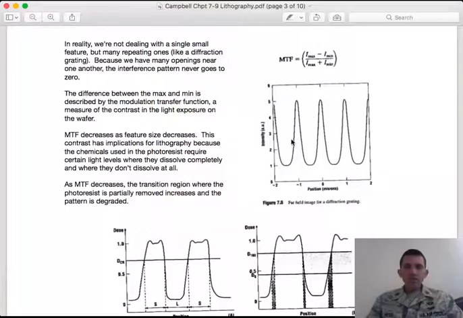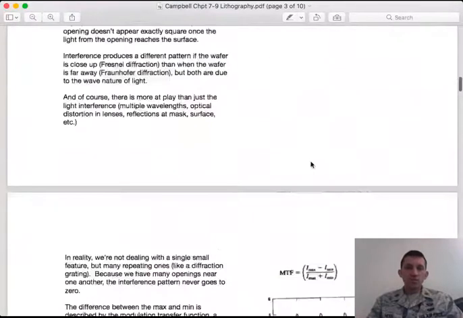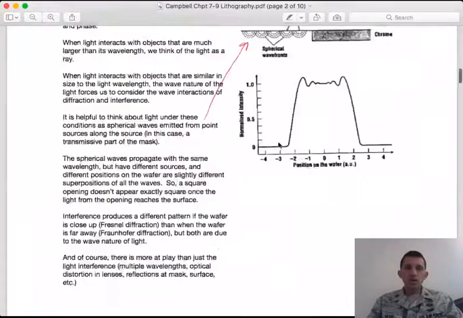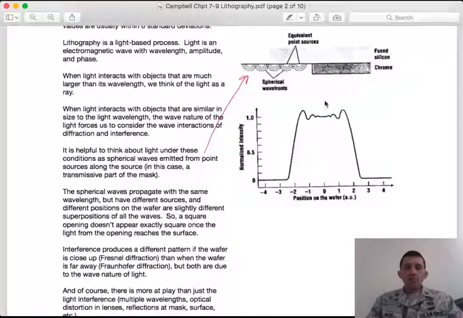And what we see here is that when you have many, many openings very close to one another, the intensity in between never goes to zero. If I look at an isolated one, the intensity out here eventually goes to zero. But if I have another opening here, I could actually have the same pattern just overlapping.